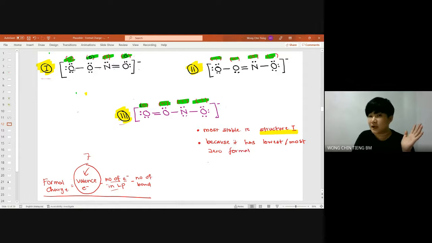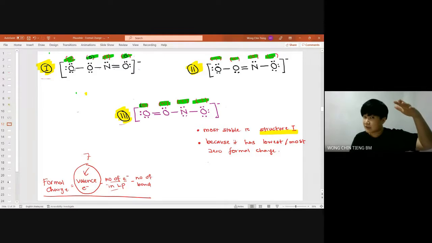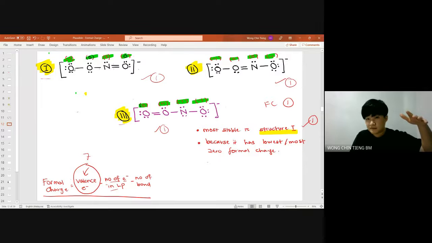That's it. 3 marks. So the plausible question and the formal charge question, not counting the Lewis structure you draw. The Lewis structure here is already 1 mark. Formal charge 1 mark. 6 marks. Easily in the pocket.